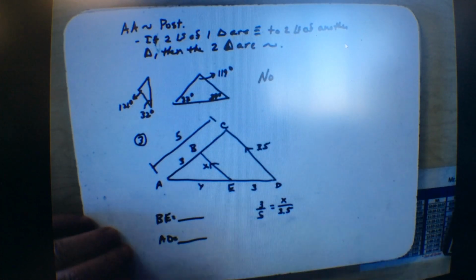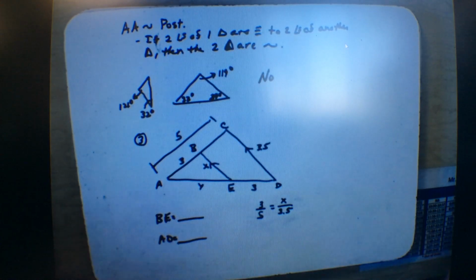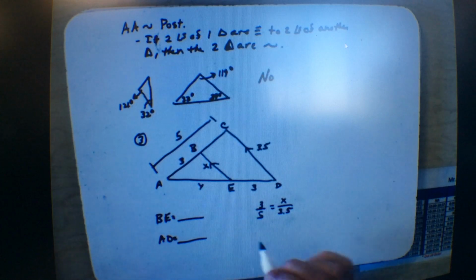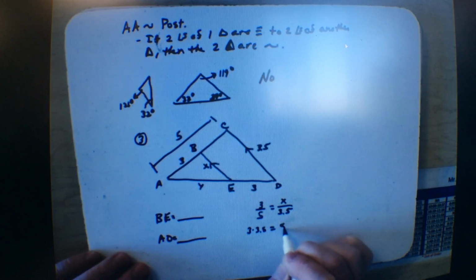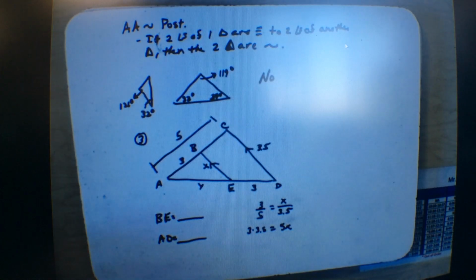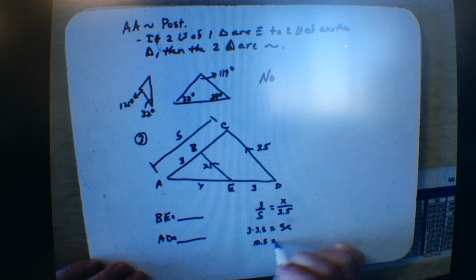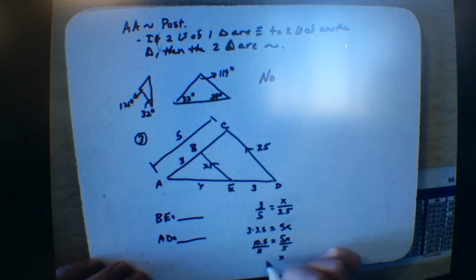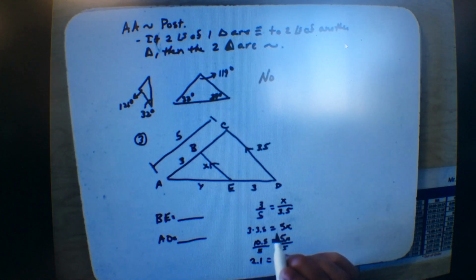That's its match. If we cross multiply, we have 3 times 3.5 equals 5x. So 3 times 3.5 is 10.5, and that equals 5x. Divided by 5, we get x equals 2.1.